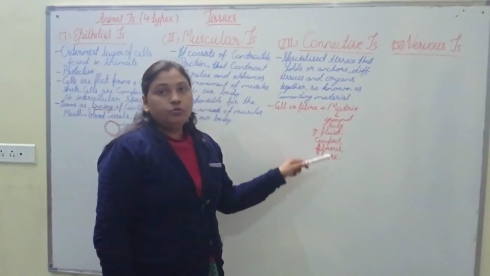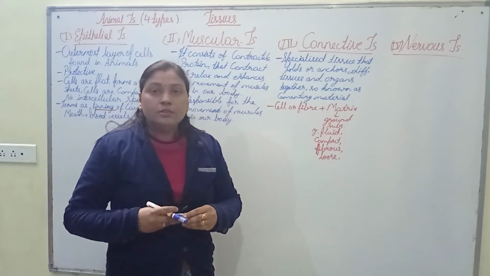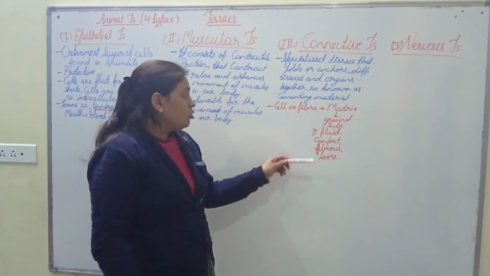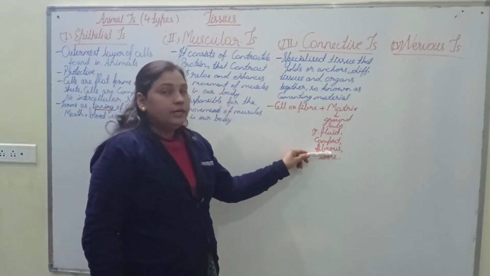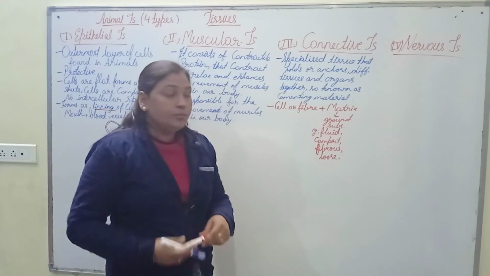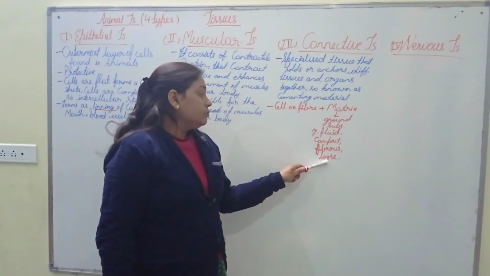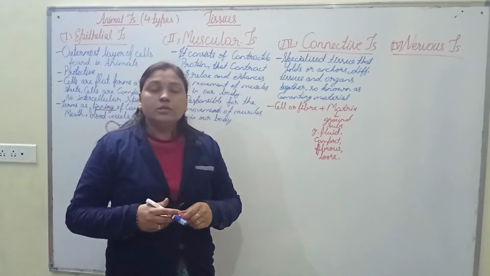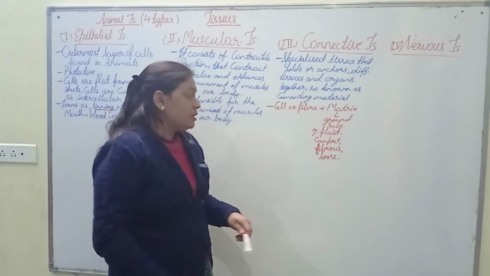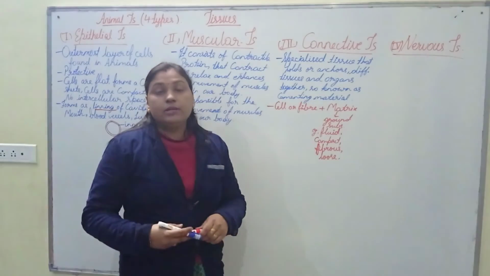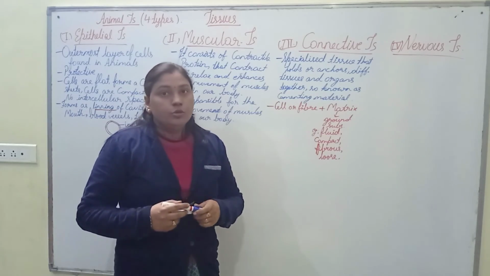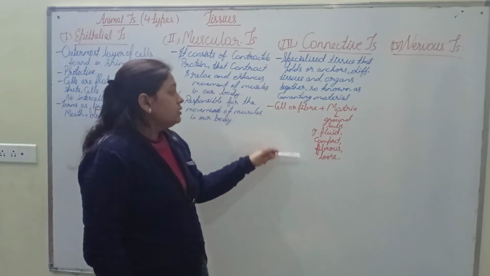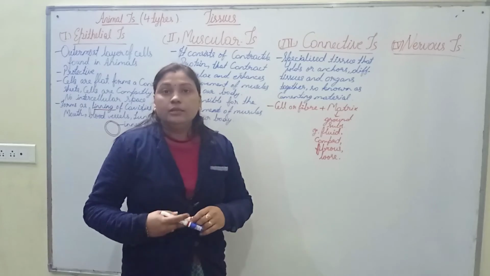When the matrix is in the form of fibers, it is called fibrous connective tissue. Tendon and ligaments are their examples. When the matrix is loosely arranged, it is called loose connective tissue, and their examples are adipose tissue as well as areolar tissue. We will discuss all this in the later sessions.